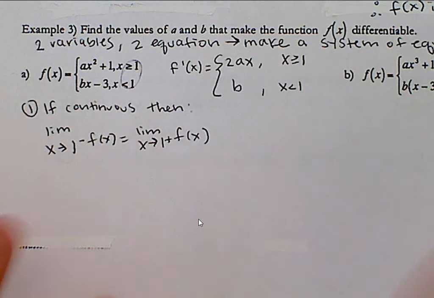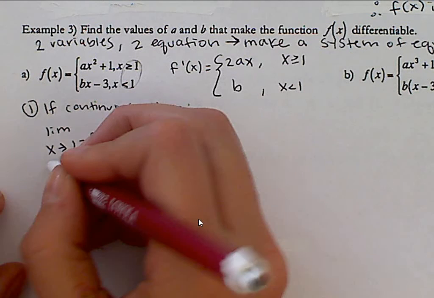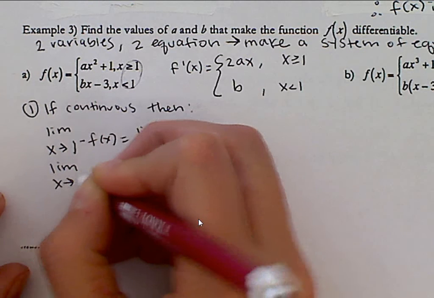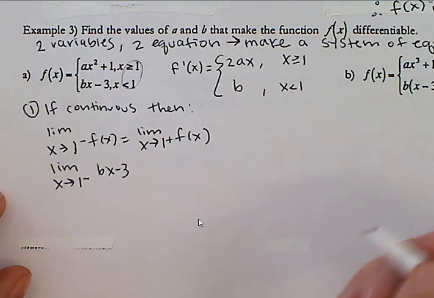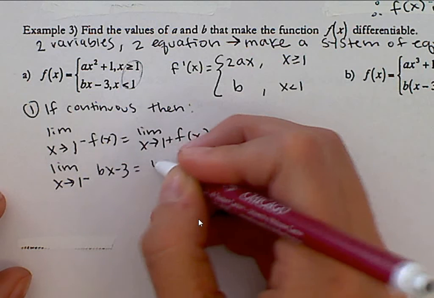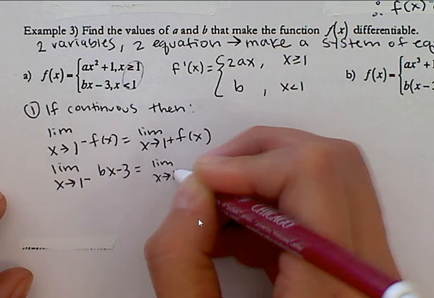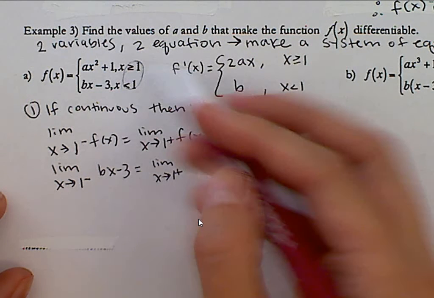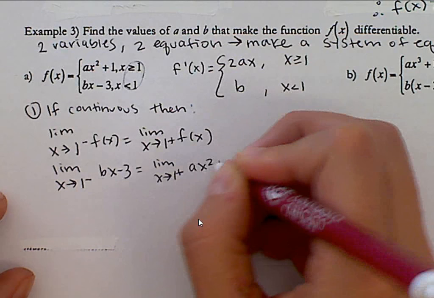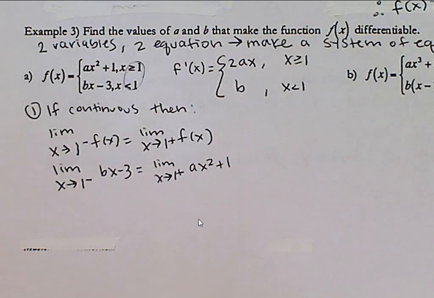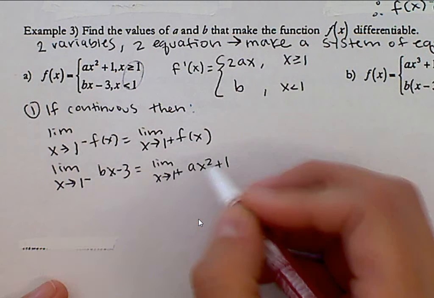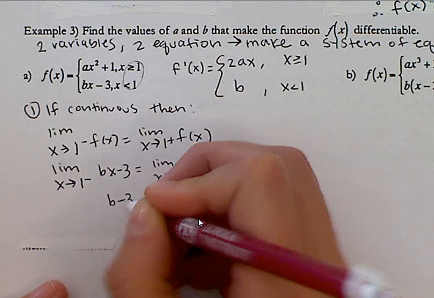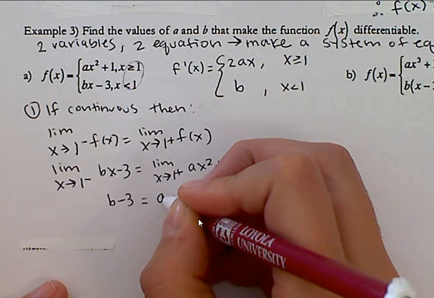If it's continuous, that has to be true. The limit as x approaches 1 from the left would be this bx minus 3. And the limit as x approaches 1 from the right would be ax squared plus 1. And I can plug in 1. So when I substitute 1 for x, I get b minus 3 equals a plus 1.